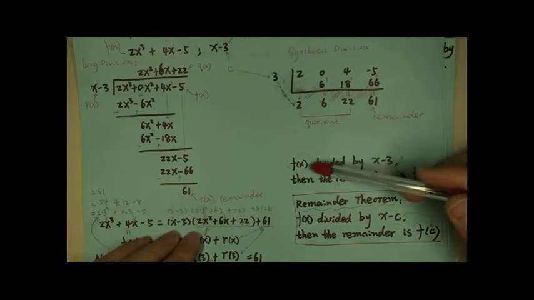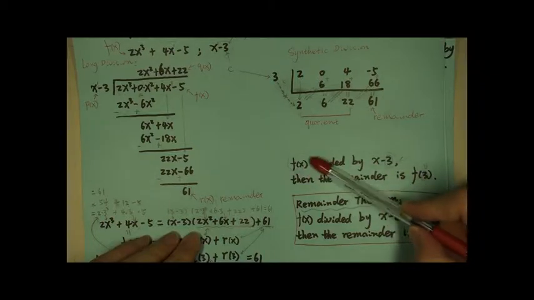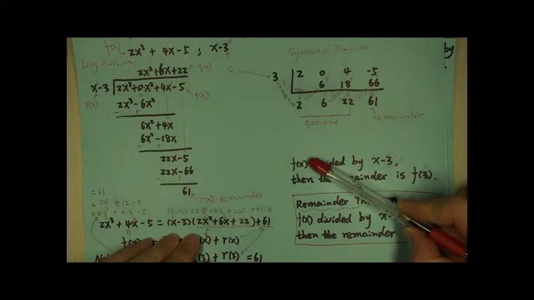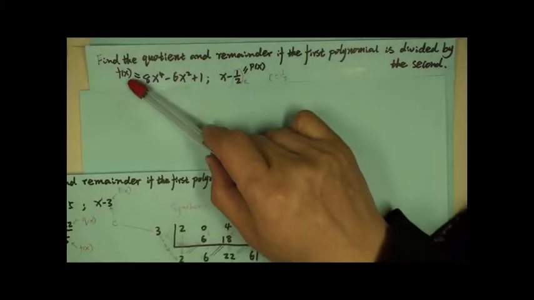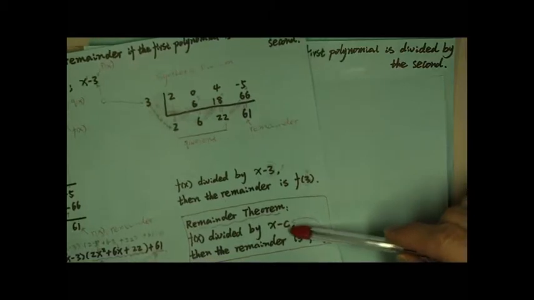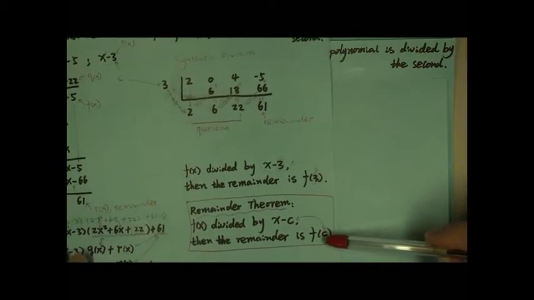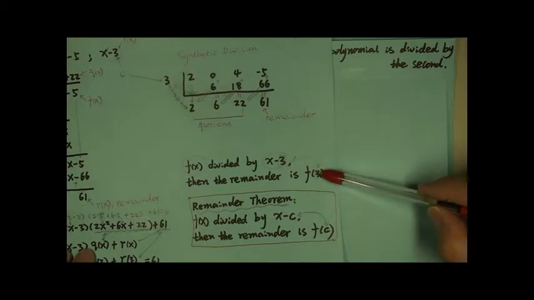The example is that if f of x is divided by x minus 3, then the remainder is f of 3. Here f of x can be anything. In our case, f of x equals that. And here was c, and here is 3.